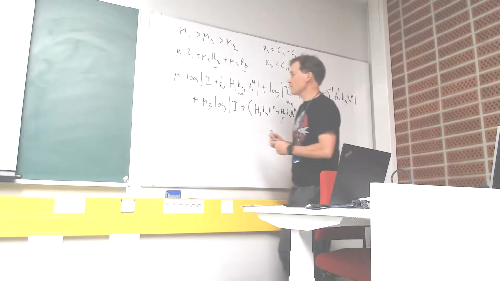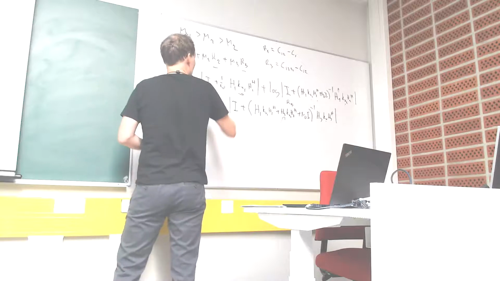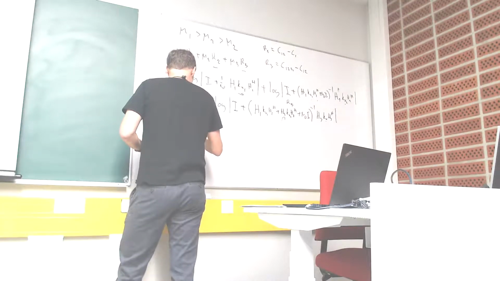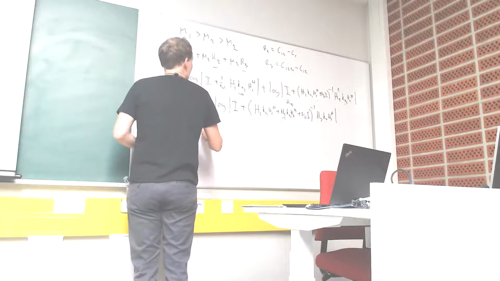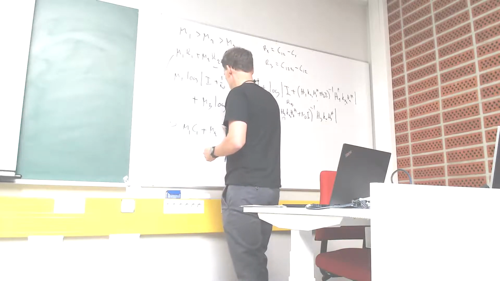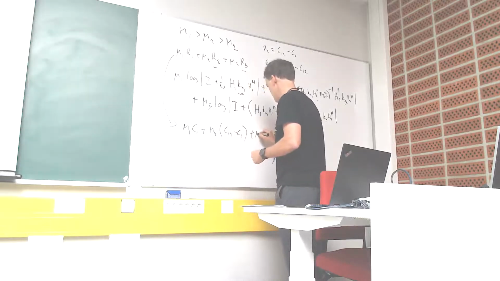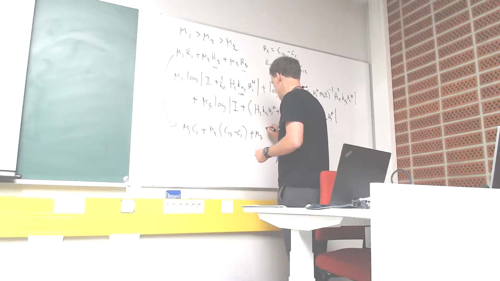Okay. So now you can write this by just plugging in: mu1 C1 plus mu2 times (C12 minus C1) plus mu3 times (C123 minus C12).